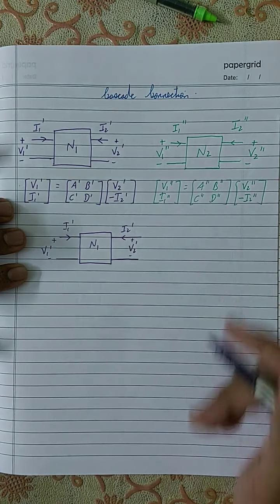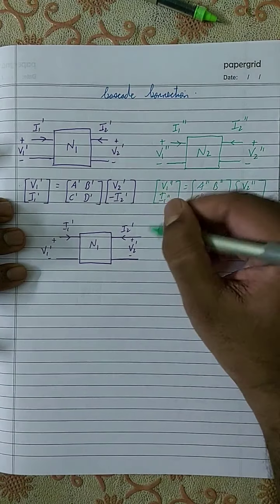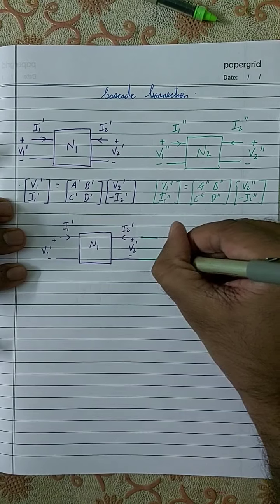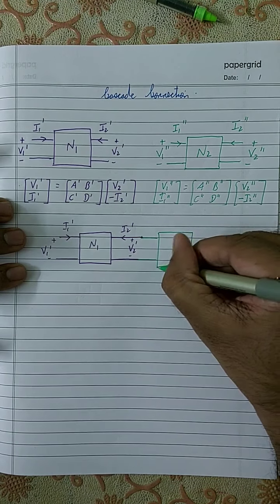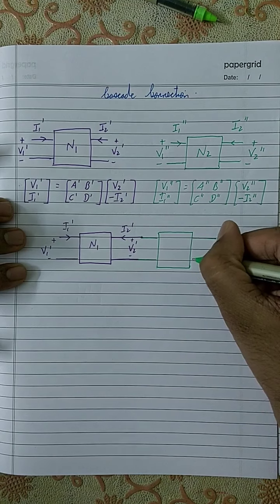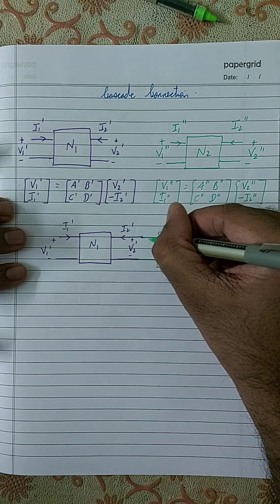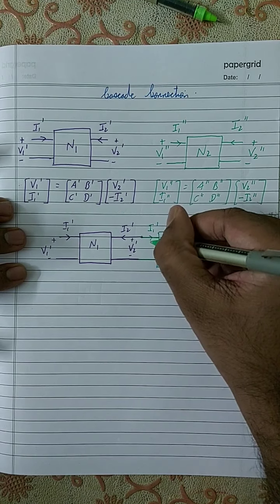Plus minus. Now the output of this network is connected to the input of the second network. So it will look like this. This is called the cascade of two-port networks. Here there's a current I1 dash, and here there is a voltage.